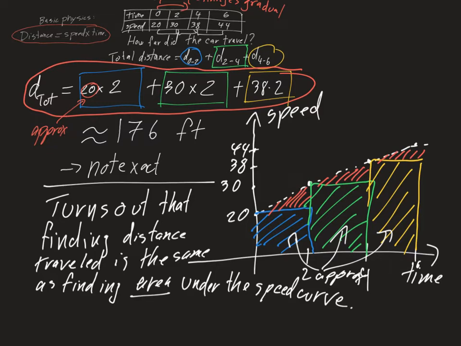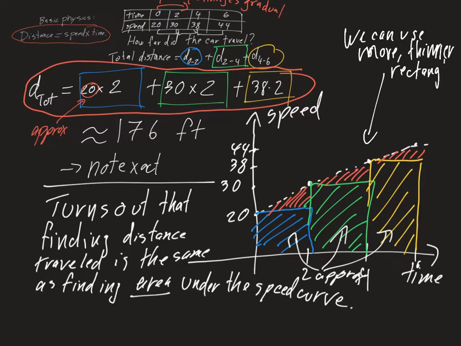So the answer, if we wanted a better approximation here, there's various different ways that we could do this, but very similar to something that was true for derivatives, we can use more and thinner rectangles for more accuracy.